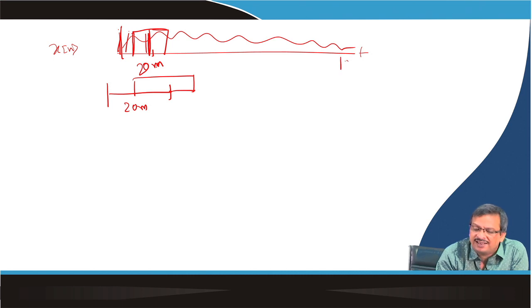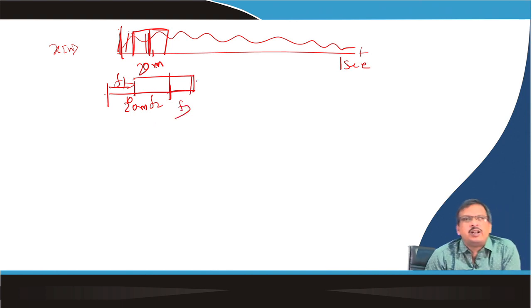If it is a 1 second signal, how many frames will there be? This 10 millisecond is called frame 1. So, 0 to 10 is frame 1, 10 to 20 will be frame 2, 20 to 30 frame 3, but the window is 20 milliseconds.